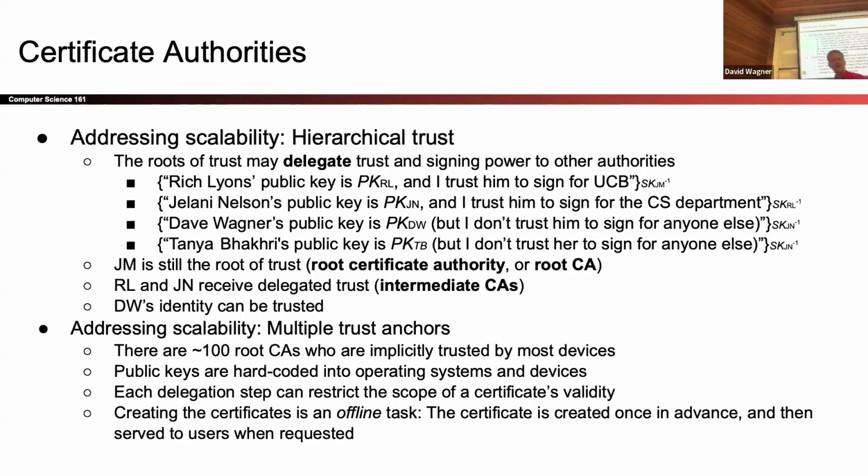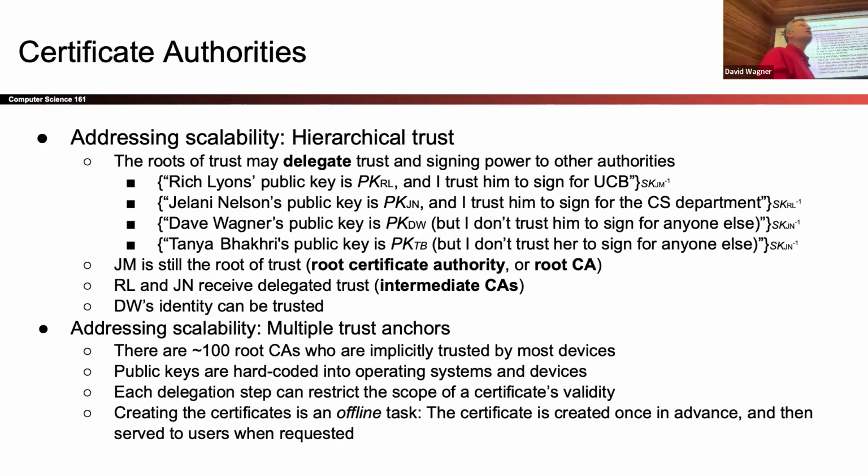For instance, the president of UC doesn't know all of the faculty in UC, just knows who the chancellors of the 9 campuses are. That's pretty reasonable, I think, and knows their public keys. The president of UC knows who the chancellor of Berkeley is and what their public key is.